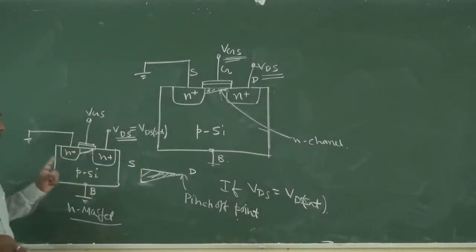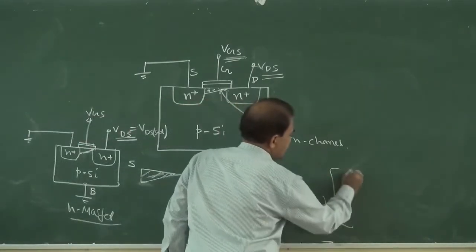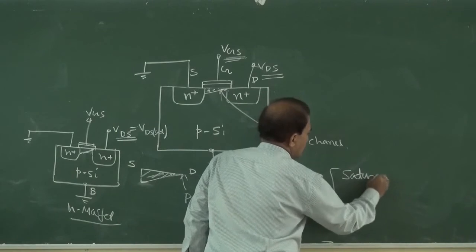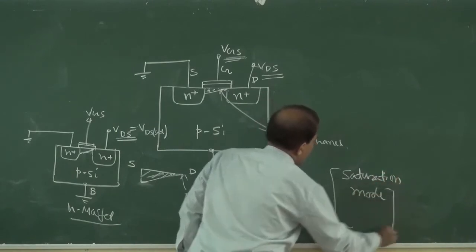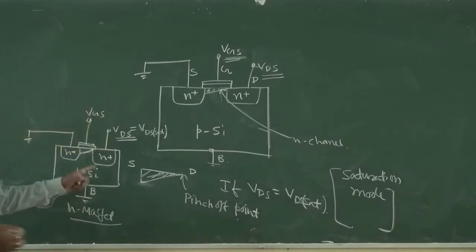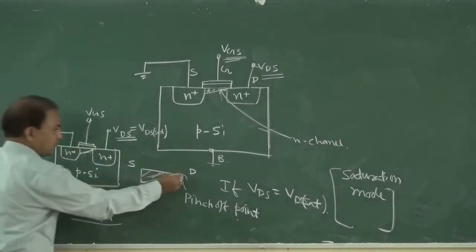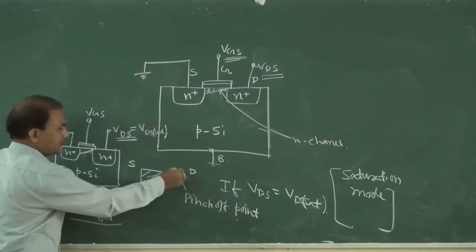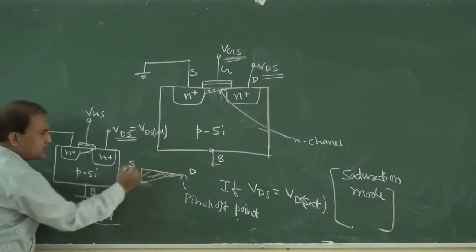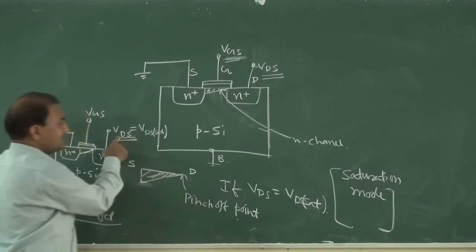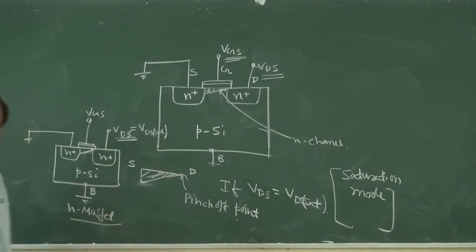So pinch off condition occurs in saturation region, and this is in saturation mode. In saturation mode, pinch off condition occurs, and this pinch off point starts moving towards the source terminal by increasing this VDS more than VDS sat.